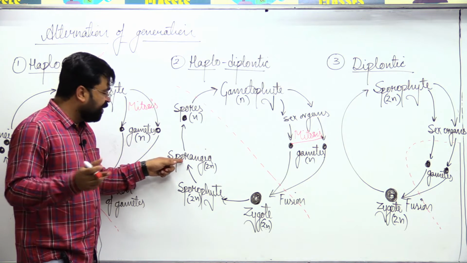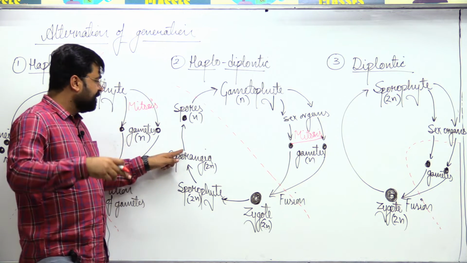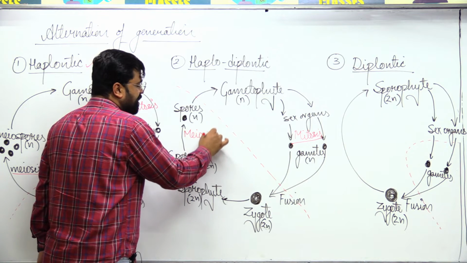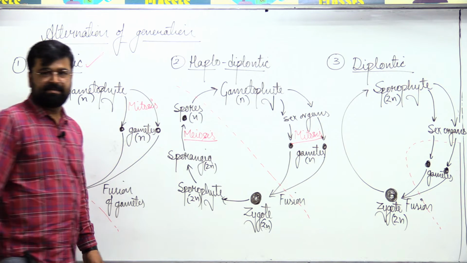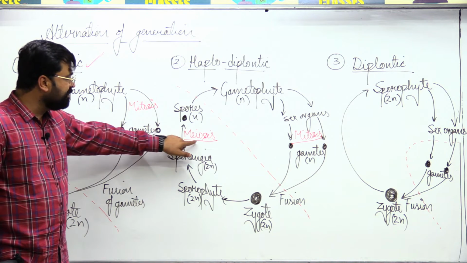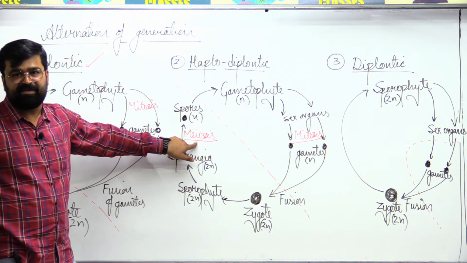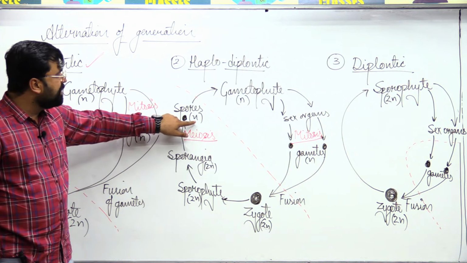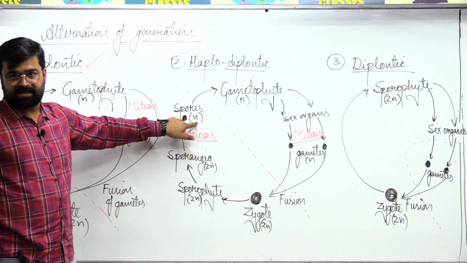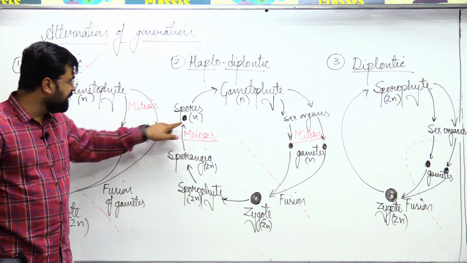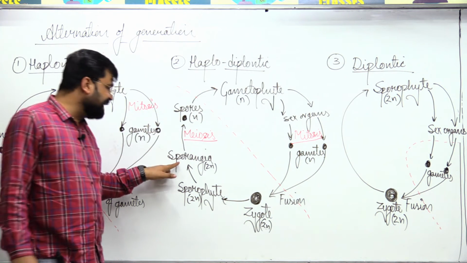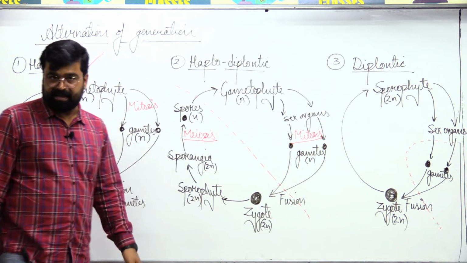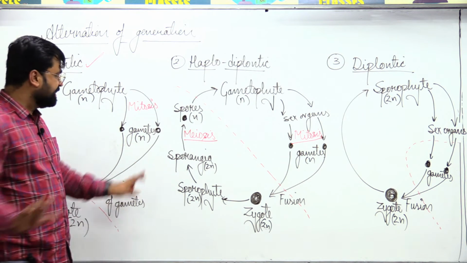Now inside the sporangia, meiosis will take place. Whenever meiosis takes place, reductional division happens, so diploid cells form haploid products. So the spores produced inside the sporangia will be haploid.